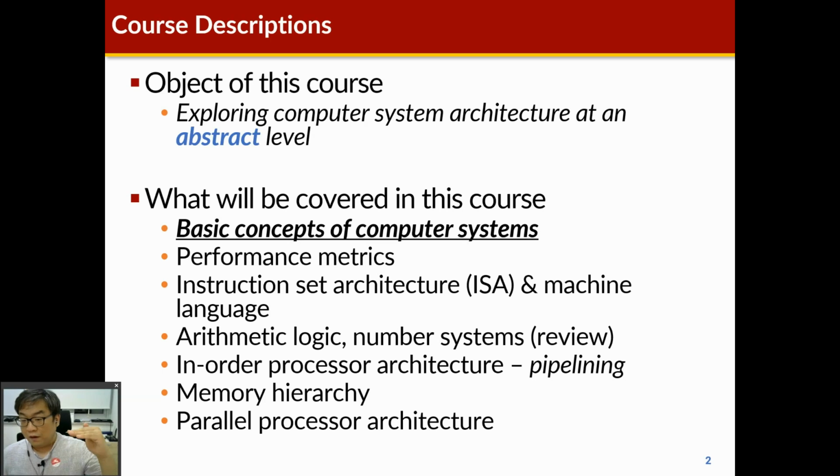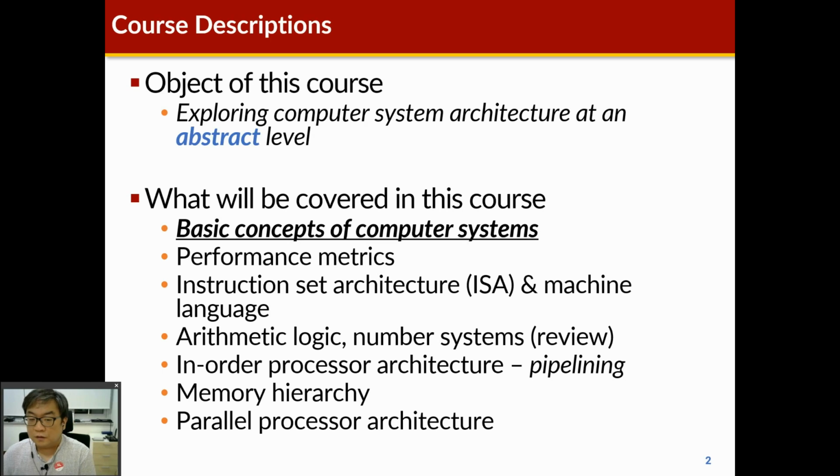So pipelining and memory hierarchy are two important topics that will be covered in this course. And then parallel processor architecture.